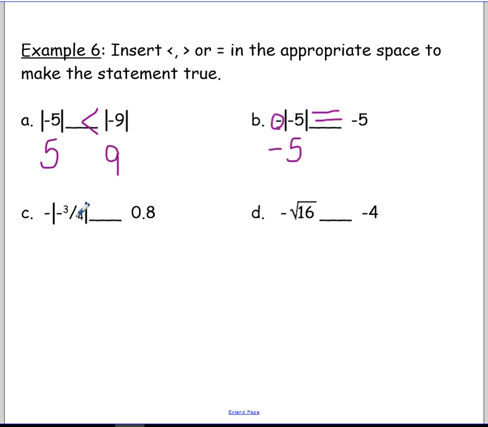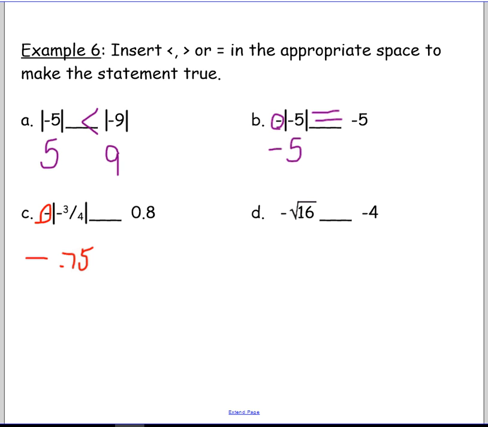So the absolute value of negative 3/4, again, 3/4 of a dollar is 0.75, or again, we can divide 3 into 4 to get that. But then we have the absolute value on this side, having a negative on the outside, so we need to bring the negative down. And then the 0.8 stays the same.